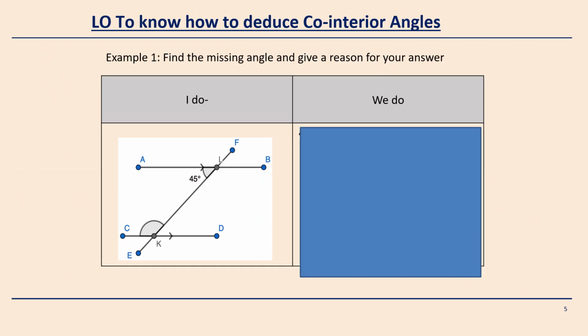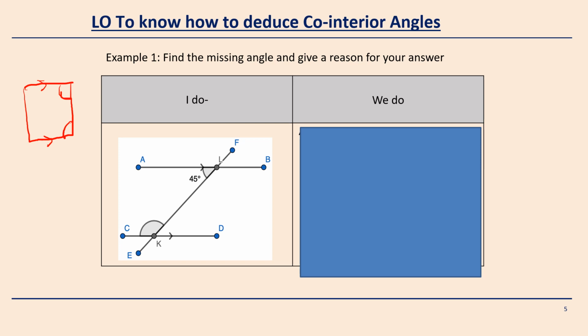Your first example. Find the missing angle and give a reason for your answer. Co-interior angles, we did this in the last lesson. Basically it's these two angles here inside. If you had a parallelogram, square, rhombus, anything with two parallel sides, those two angles are going to add up to 180 degrees.